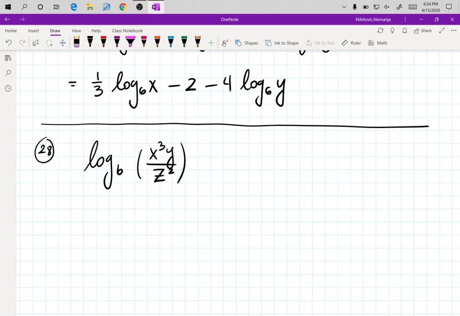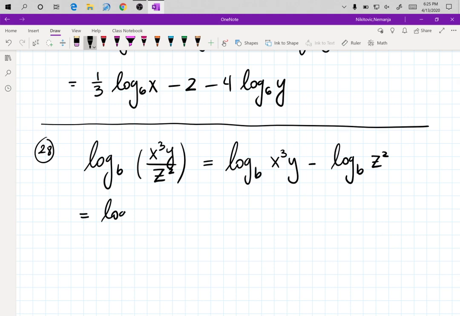Well, let's write all of the steps, but you immediately know that you have 2 positives, 1 negative, and then 3 and 2 go in front. So this literally can be done in one shot, and just write the final answer, because there are no calculations here. So what do I have? I have log base b of x cubed y minus log base b of z squared.